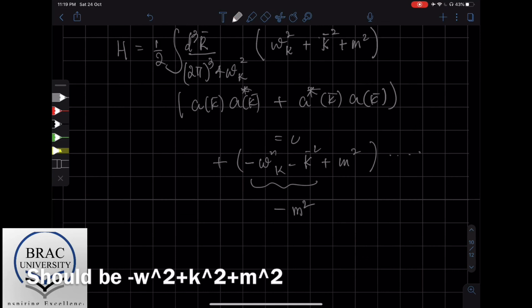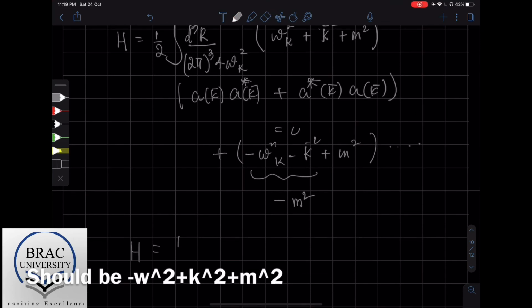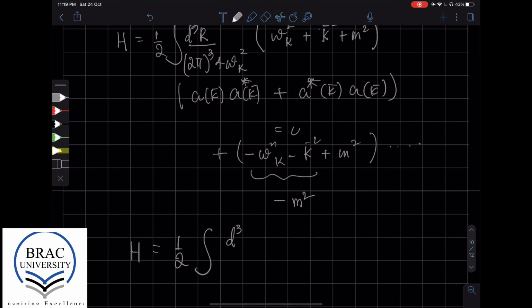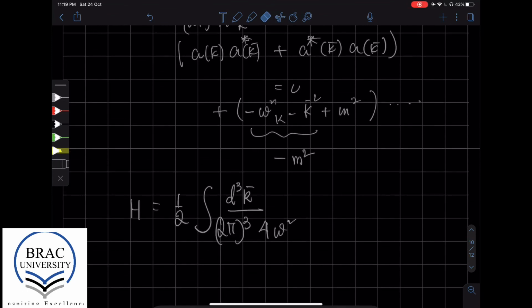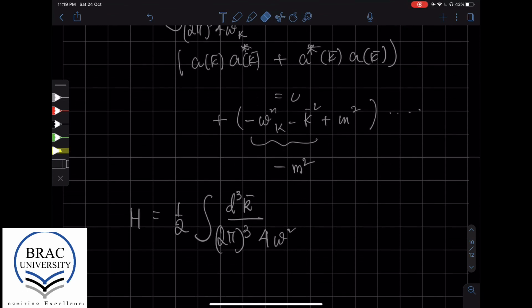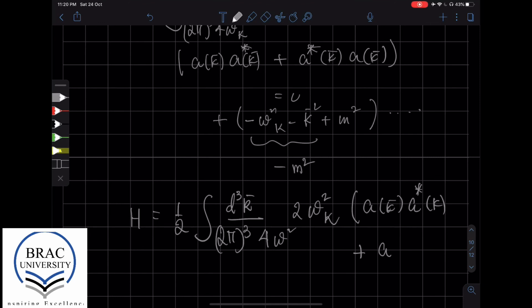And therefore, we'll end up with a Hamiltonian which has half of d cubed k divided by (2 pi) cubed, and then we have 4 omega k squared, or omega squared, let's just call it omega squared, and then we get times 2 omega k squared, and then we have a of k, a star of k, plus a star of k, a of k.